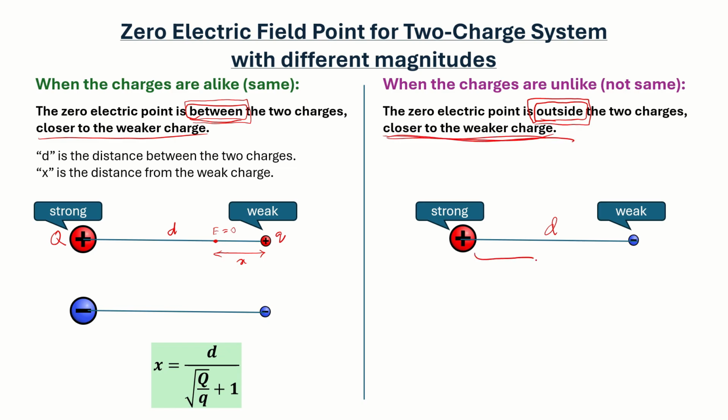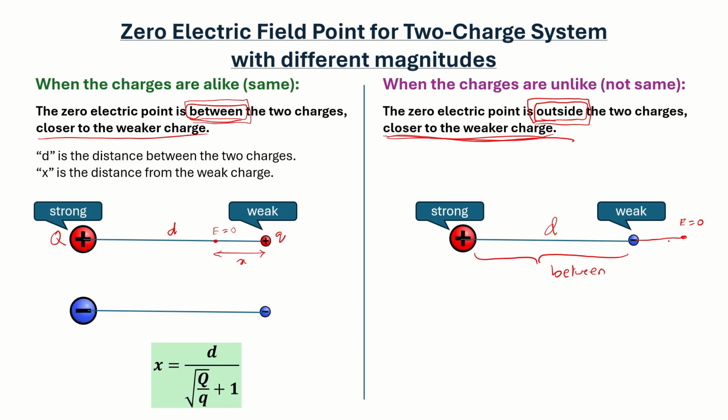So it is not between the two charges. Here the zero electric field point is not present between them. It can be this side or this side. Outside means this and this. As per the above statement, it is closer to the weaker charge, so this side. Let's mark at this point, on the line joining the two charges, extended, the electric field is 0.